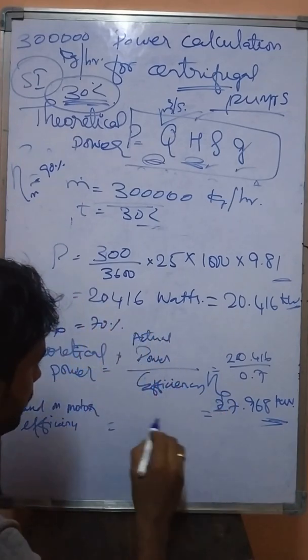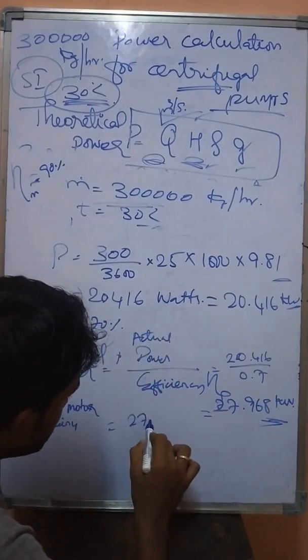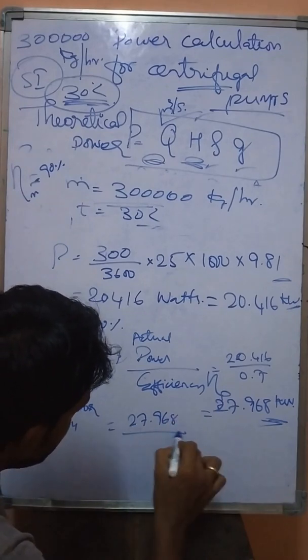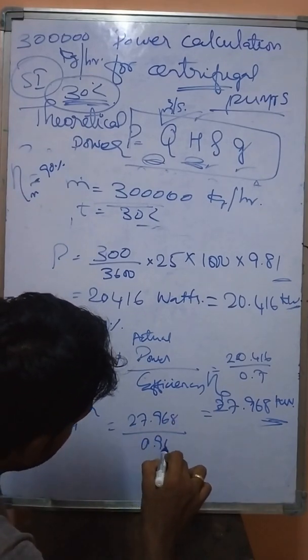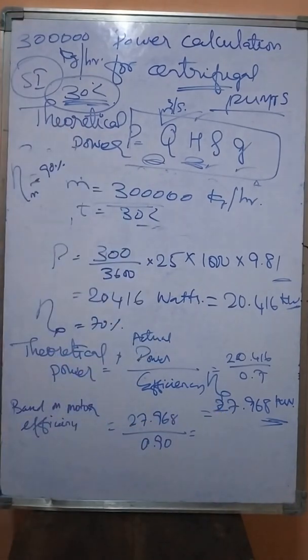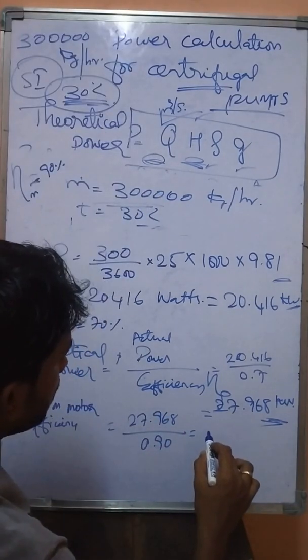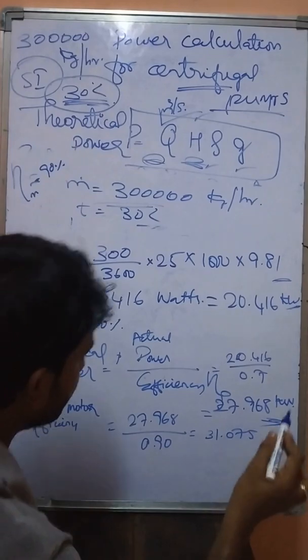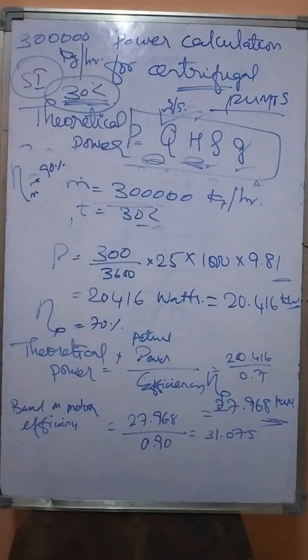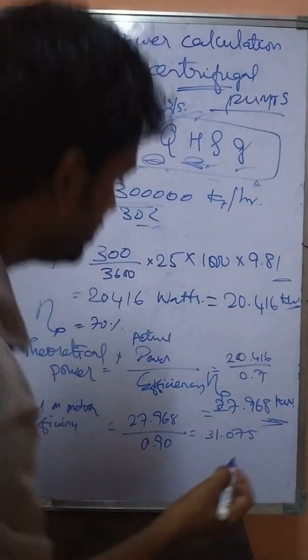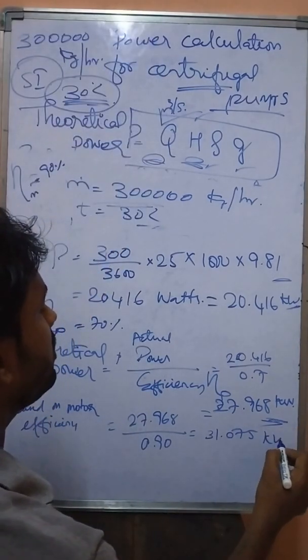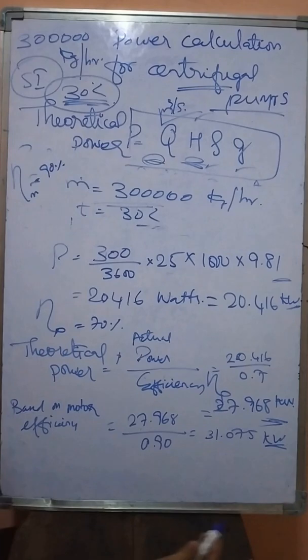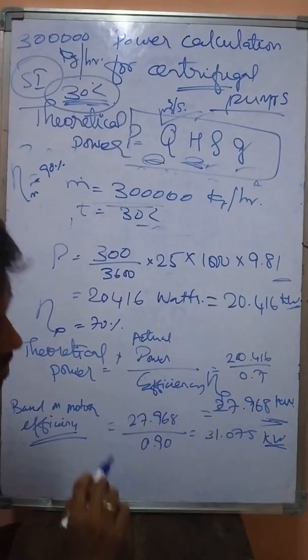Okay, so if you include this one, 27.968 with the efficiency of 90%, it will be around 31.075. So this is based on motor efficiency, and now we got the motor power.